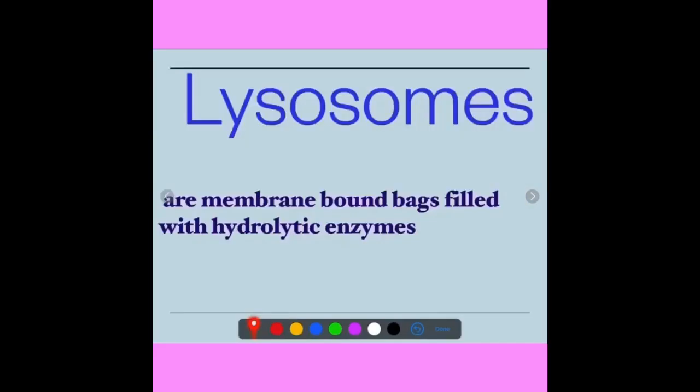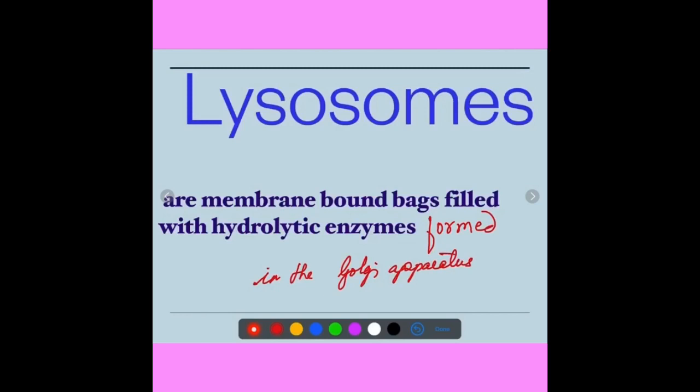The next cell organelles are lysosomes. Where are they formed? They are membrane bound bags filled with hydrolytic enzymes, and they are formed in the Golgi apparatus, as we have seen. Let us see what is the role of these lysosomes.